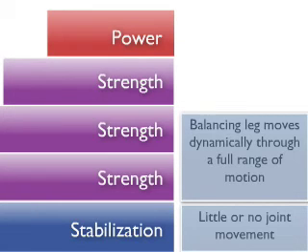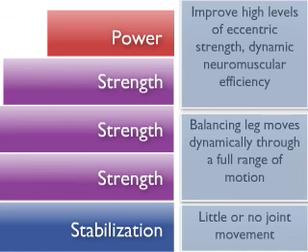These movements require isometric stabilization at the end range of motion. They improve neuromuscular efficiency of the entire kinetic chain. Exercises in the power level of balance training improve high levels of eccentric strength, dynamic neuromuscular efficiency, and reactive joint stabilization.